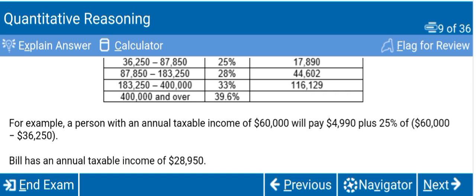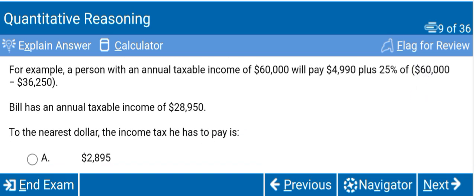For example, a person with an annual taxable income of $60,000 will pay $44,990 plus 25% of $60,000 minus $36,250.